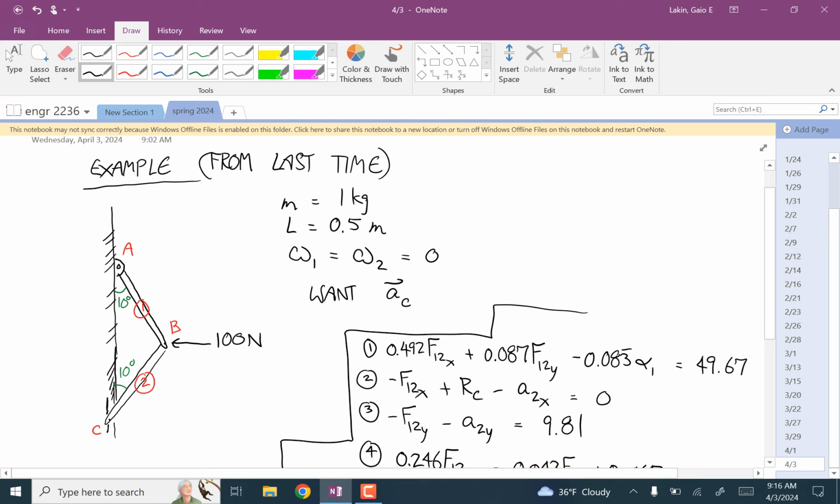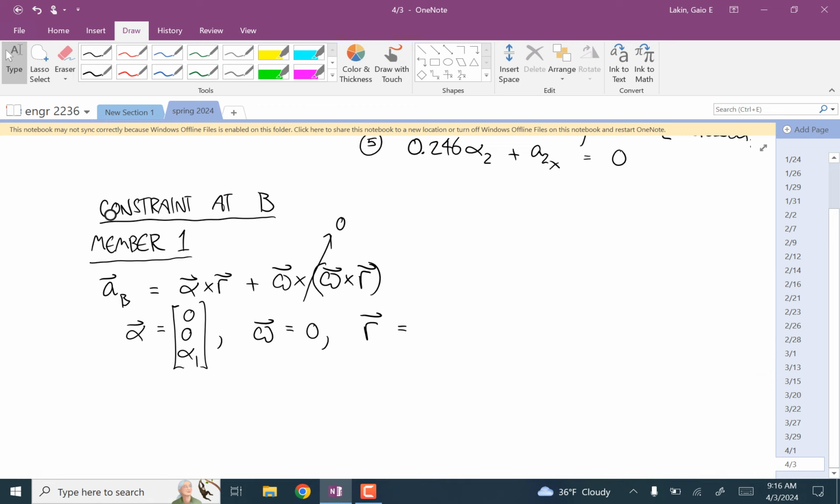Okay, so that's going to be 0.5 times the cosine of 280, sine of 280. And so you get 0.087, negative 0.492, and then 0.